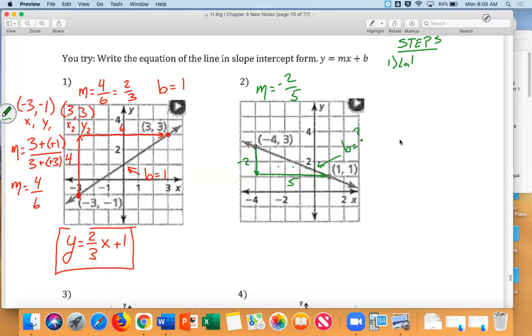Step 1 is label. Step 2, write your formula. Step 3, substitute. And step 4 is solve/simplify.